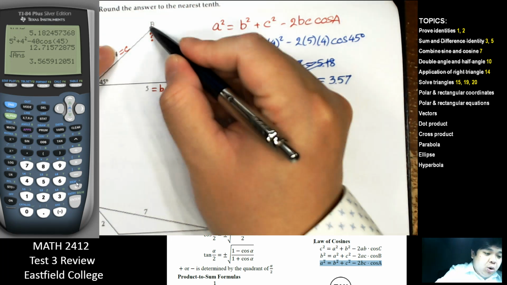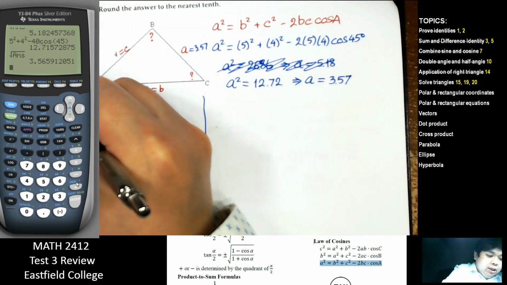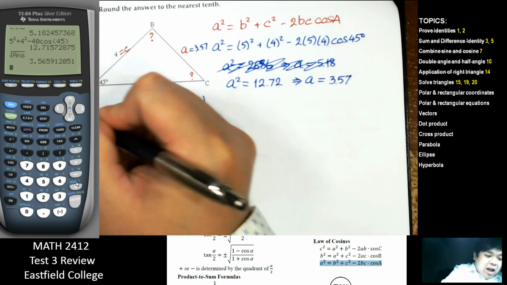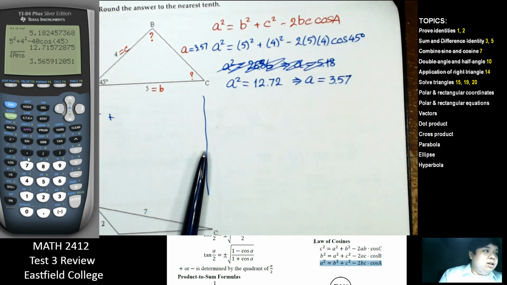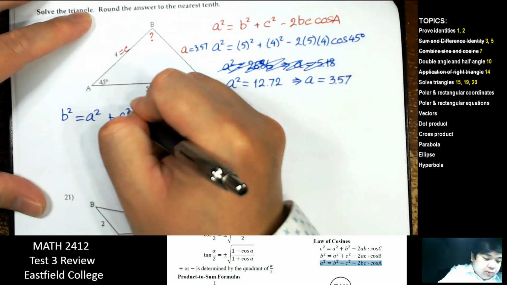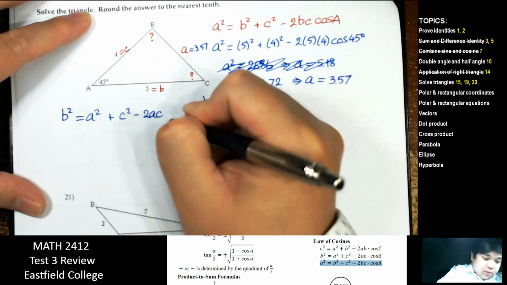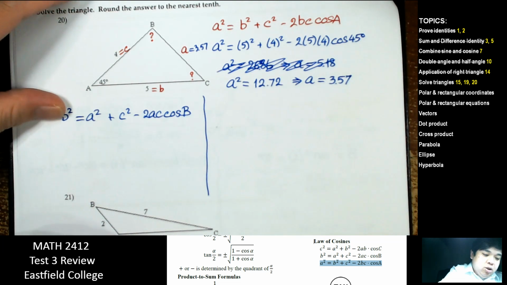So let's go with B, for example. So if I need the angle B, I start with the law of cosines, B square.